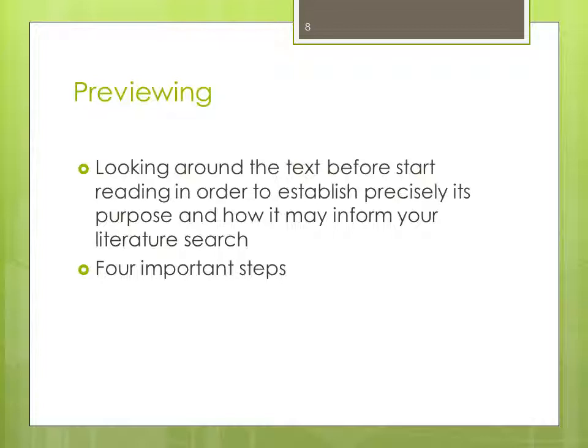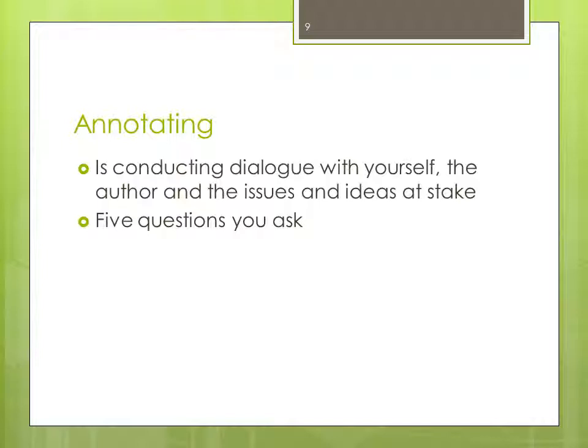Annotating is the second step of the four-step advice that we picked from Harvard. It is conducting a dialogue with yourself, the author, and the issue and ideas at stake. The first step is you read and mark the parts of the information you want to take into your research, and the second step is that you annotate.